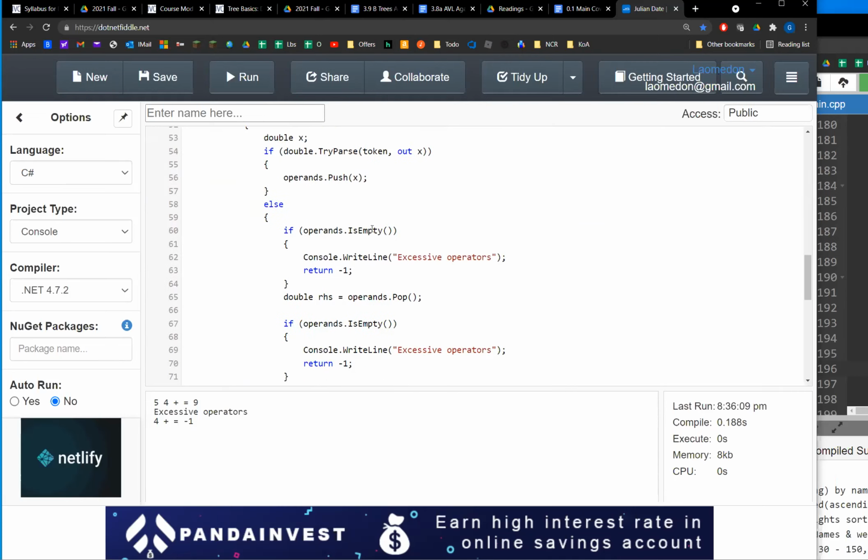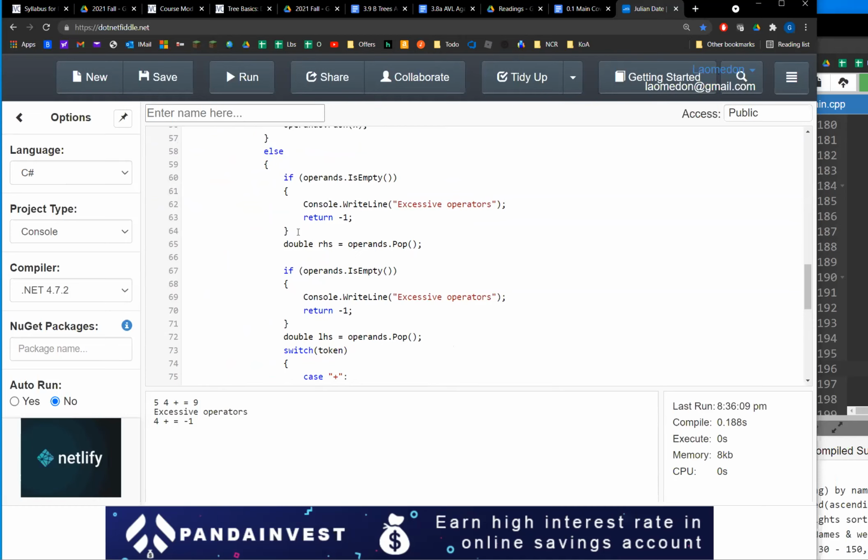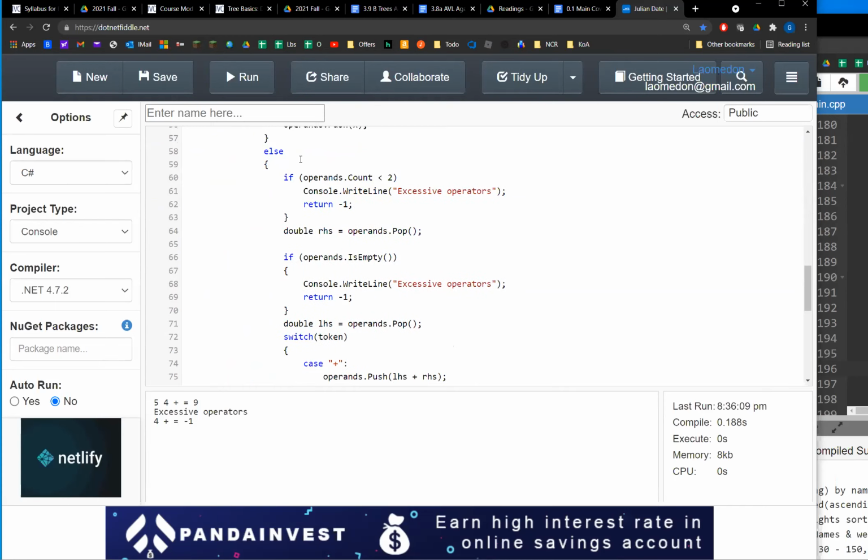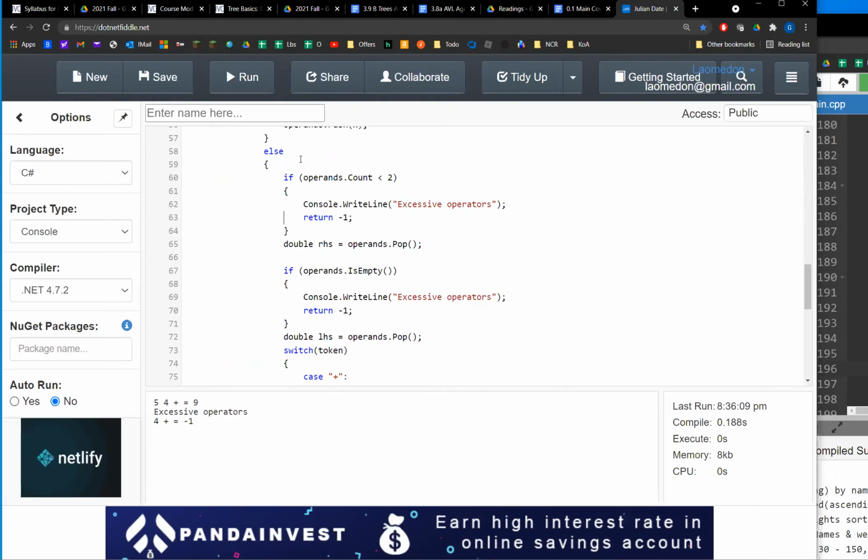Now, instead of having to check if it's empty, we can just let it count. If count is fewer than 2, we have the problem. We have too many operators, and I don't have to make this other check again.